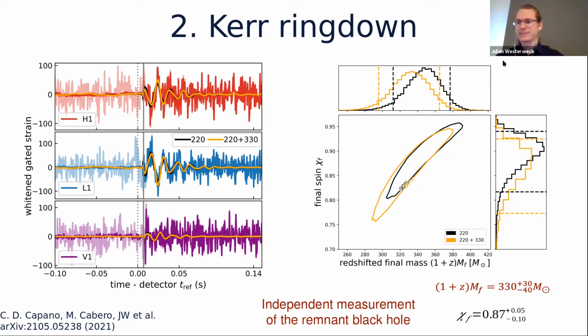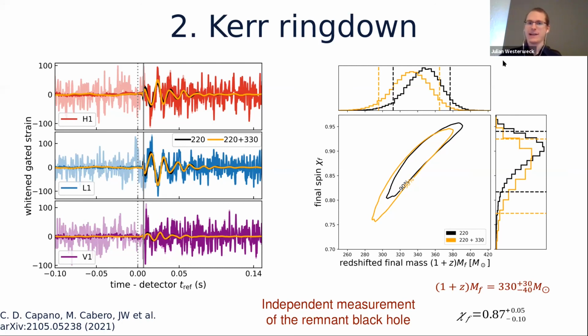And on the right, you can see where the final mass and the final spin of the black hole are shown, and they are centered around 330 solar masses and a dimensionless spin of around 0.87. And of course, the values for the 2-2 and the 2-2 and 3-3 mode models agree very well there. So this is an independent measurement of the final mass and spin.